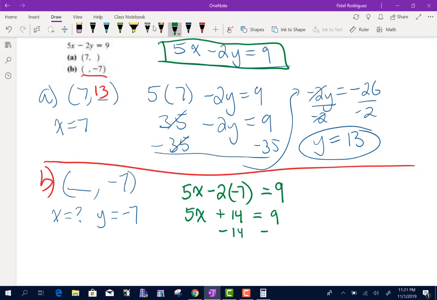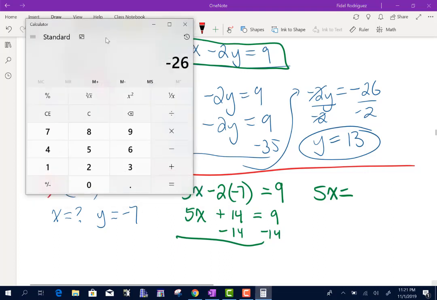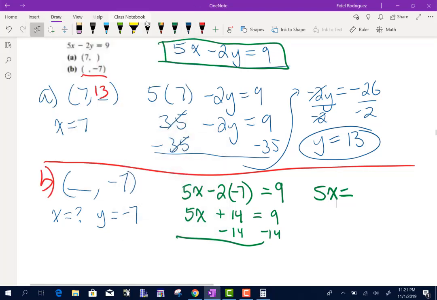Now we're going to go minus 14 on both sides. That's going to give us 5x equals, let me take my calculator one more time, 9 minus 14, negative 5. When we divide both sides by 5, I'm coming up with x is equal to negative 1. So the number we're going to put right here is negative 1.